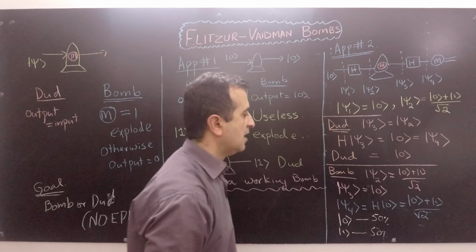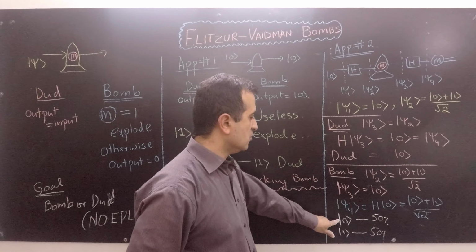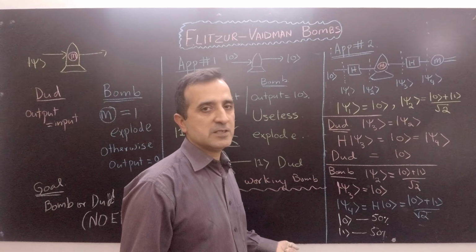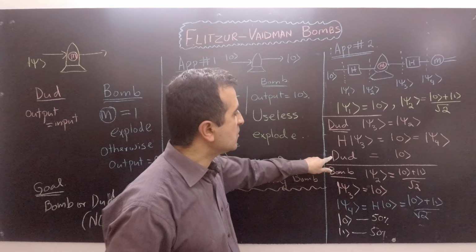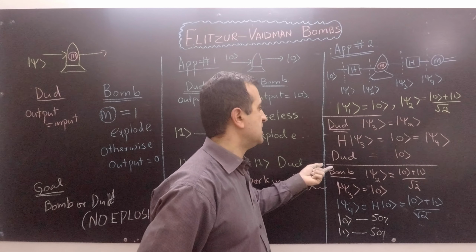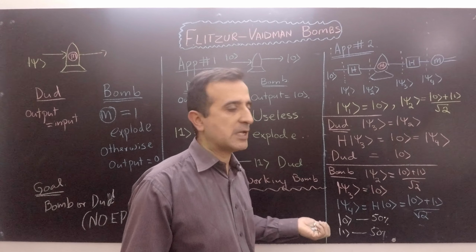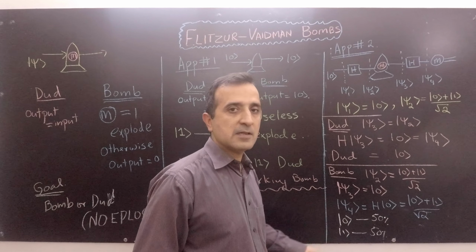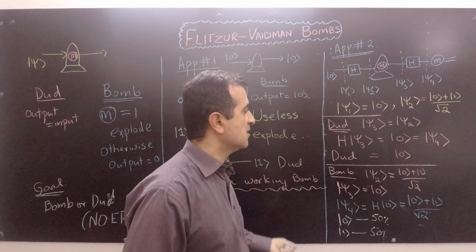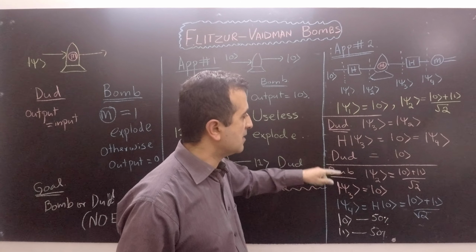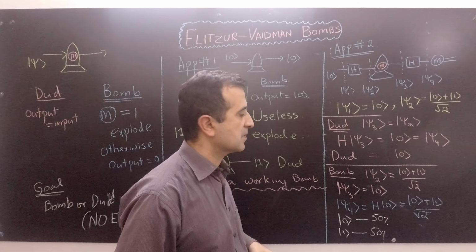In case our measurement is ket 0, then we will attain no information, because remember, in case of dud, the measurement was also ket 0. So now we are confused whether the device was a dud or a working bomb. However, when our measurement was ket 1, then we are sure that the device is a working bomb, because we cannot get ket 1 in case of dud.